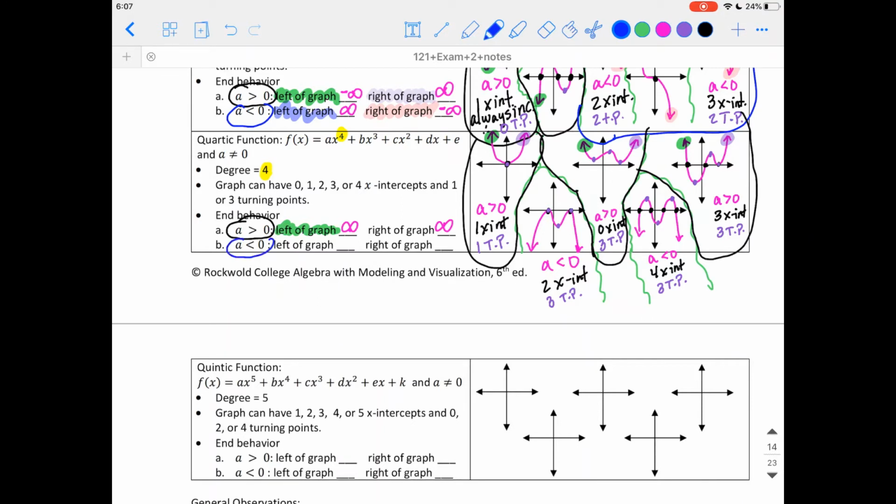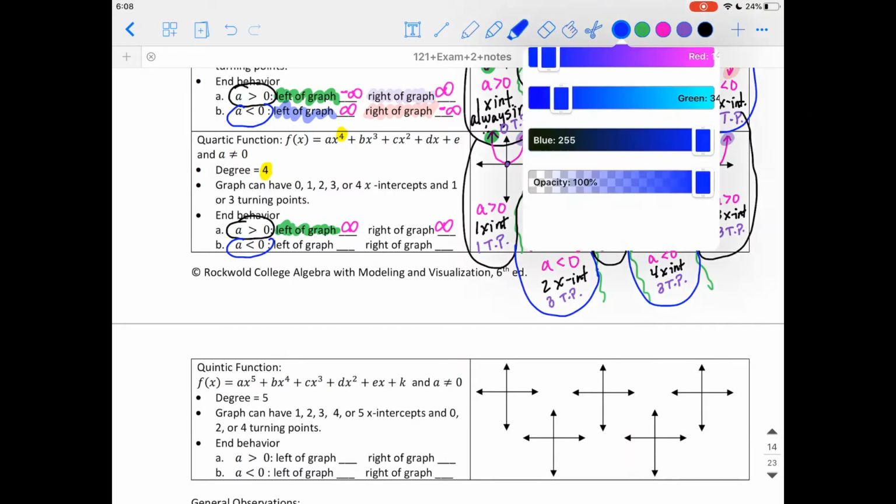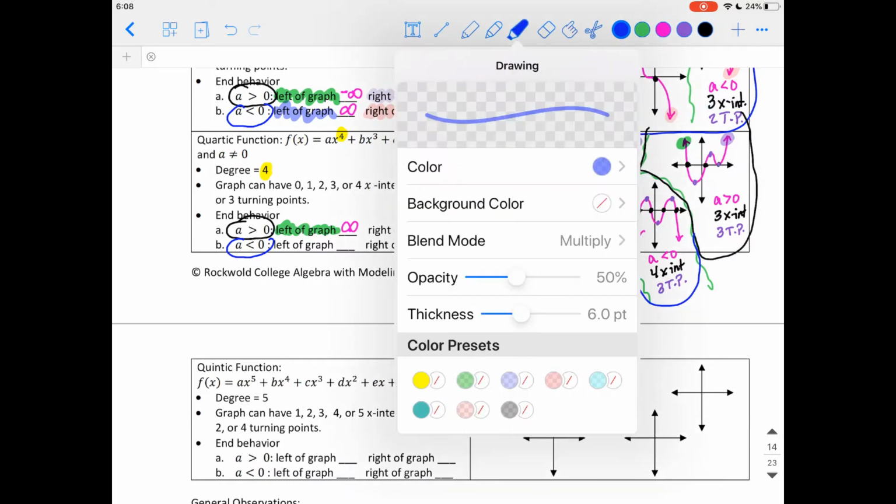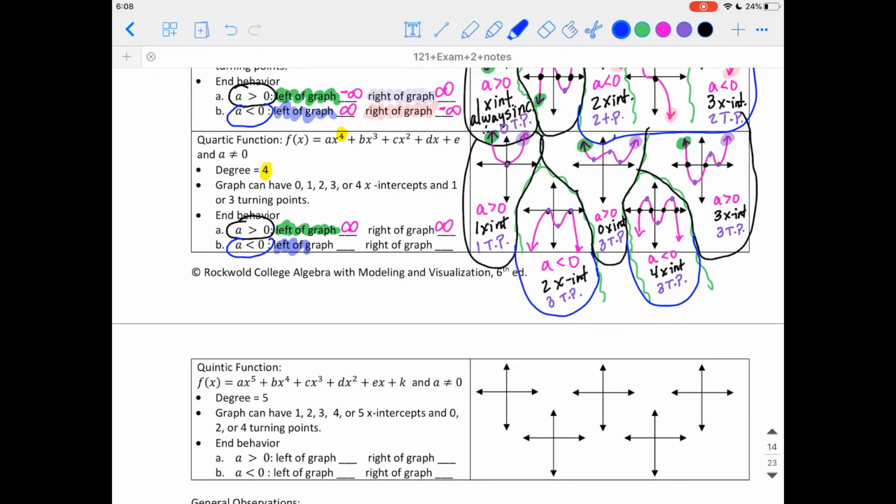Now for A less than 0, which are the remaining graphs, so this one or this one, the left of the graph is that arrow or that arrow, and it's headed forever down.